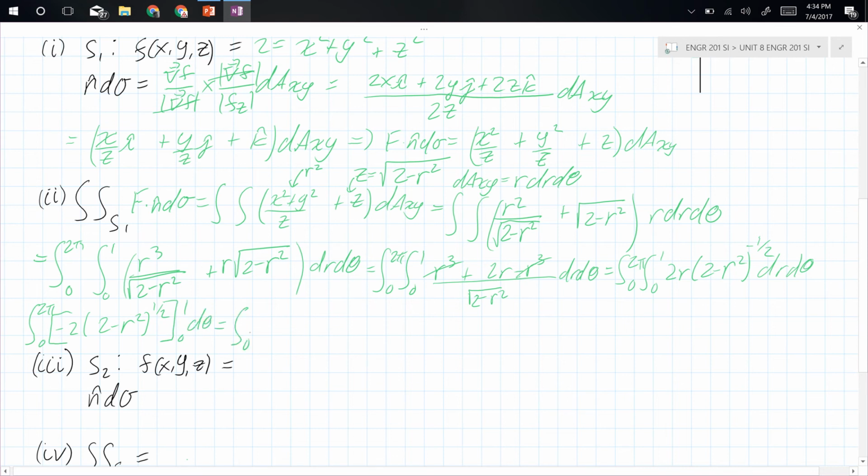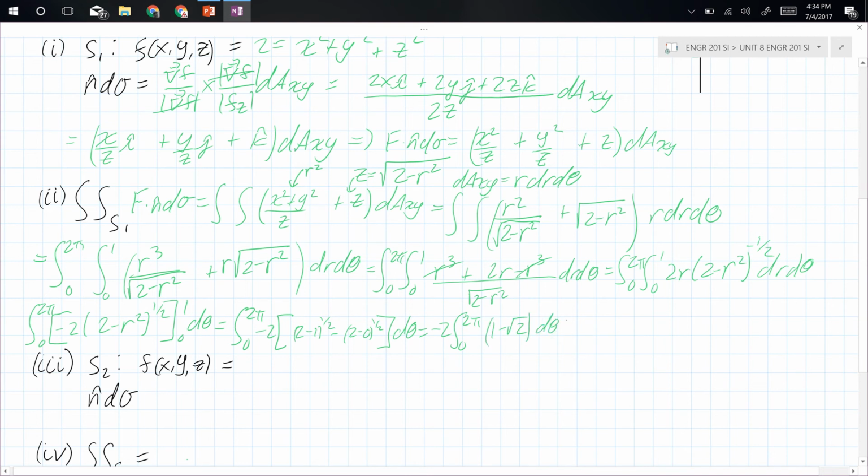So then this would equal the integral from 0 to 2 pi of negative 2 times, so it's going to be (2 minus 1 squared) to the 1/2, which is 1 to the 1/2, minus (2 minus 0) to the 1/2, d theta. So this would equal negative 2 from 0 to 2 pi of 1 minus the square root of 2, d theta.